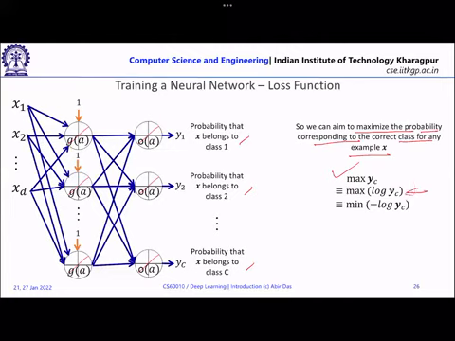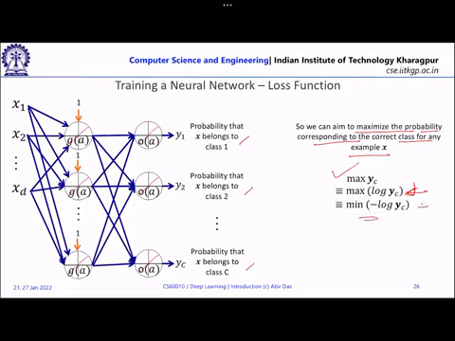And you have seen that logarithm is a monotonically increasing function. So whatever maximizes Y_c also maximizes log of Y_c. Changing the objective function to this monotonically increasing function does not change anything. Now maximizing a thing is the same as minimizing the negative of it.